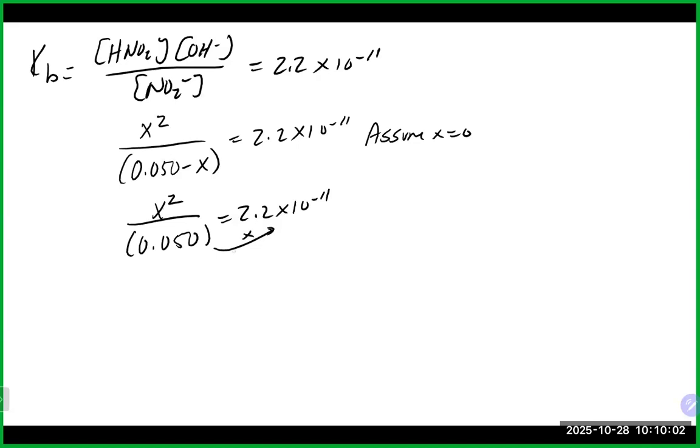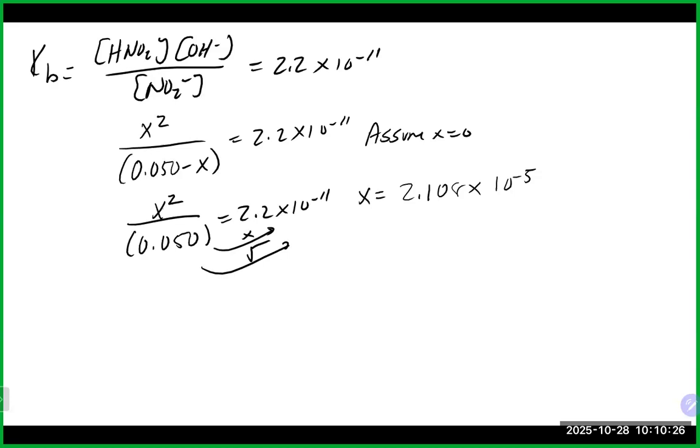We're going to multiply first and then do a little square root afterwards, and let's see what we get there. X is going to equal 2.108 times 10 to the minus 5.